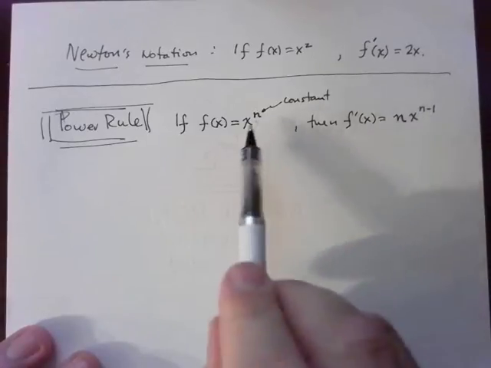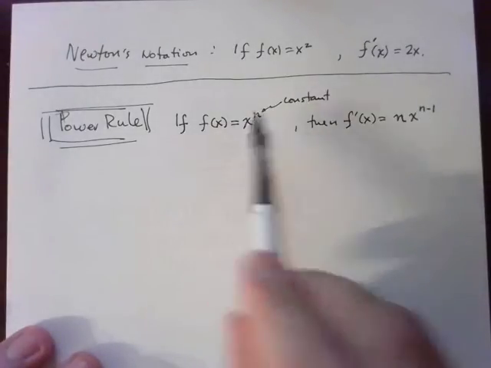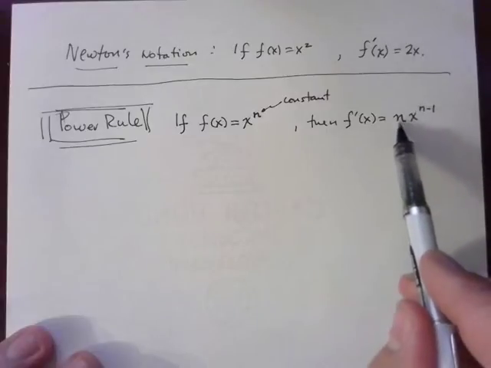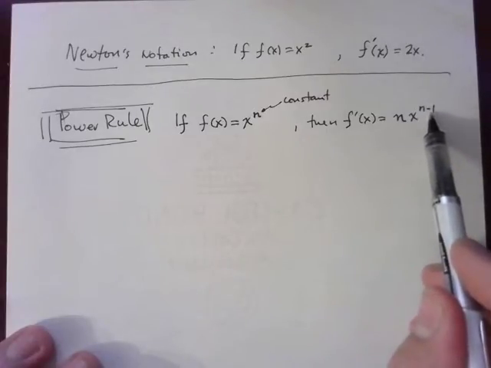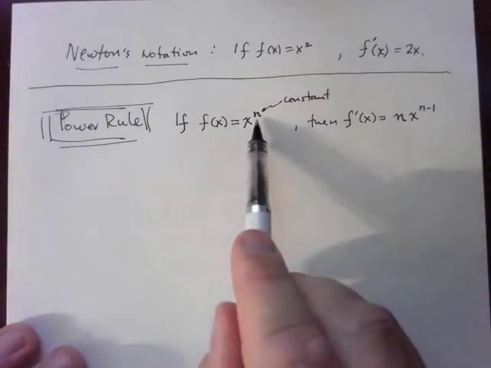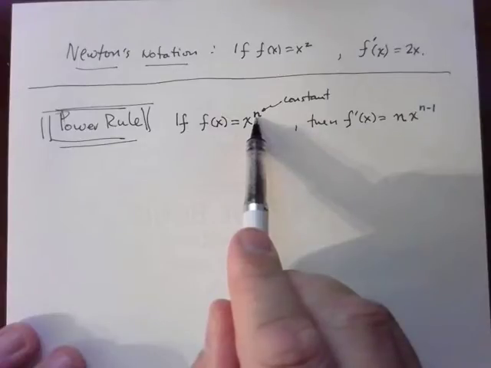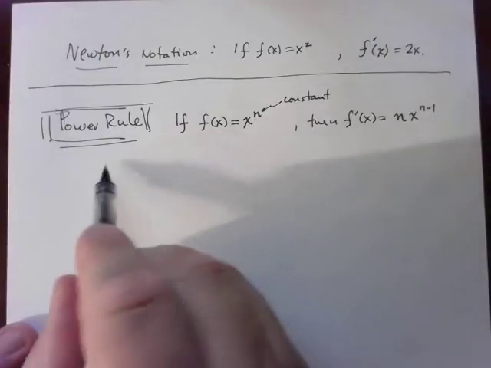So this says whatever this power, if you're starting with x to the n, to take its derivative, you bring the power down and put it in front of the x, and then you reduce the power by 1. This works for any constant value of n. It doesn't have to be an integer, it doesn't have to be a whole number, positive, negative, whatever. Okay, fractional, this works for any n.